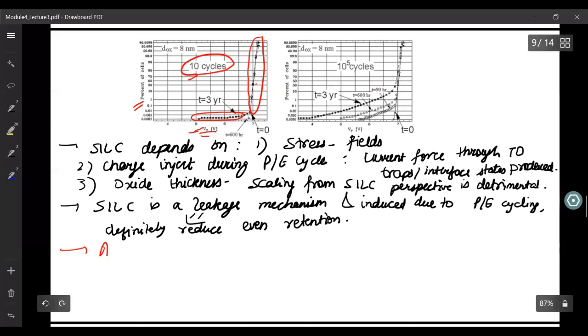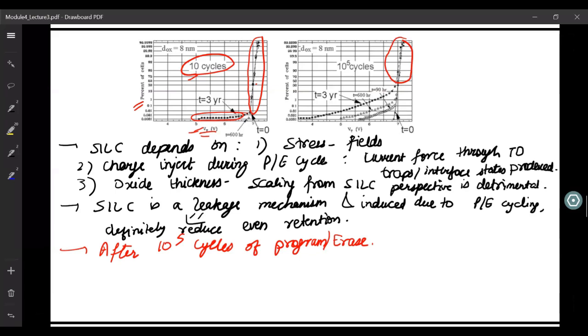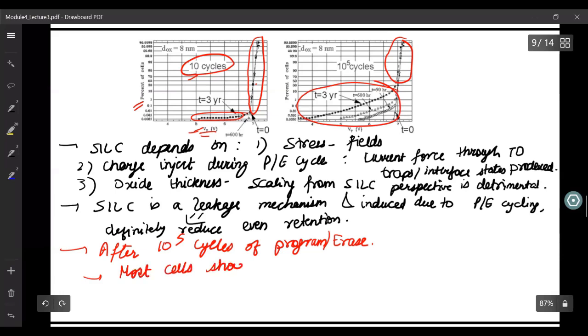However, after, let's say, 10 power 5 cycles of program and erase, consecutive program and erase, if you look here, only these few cells have their VTs intact. Most of these cells show charge loss or charge leakage.